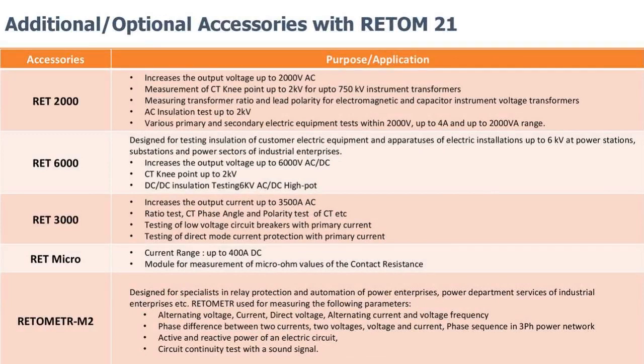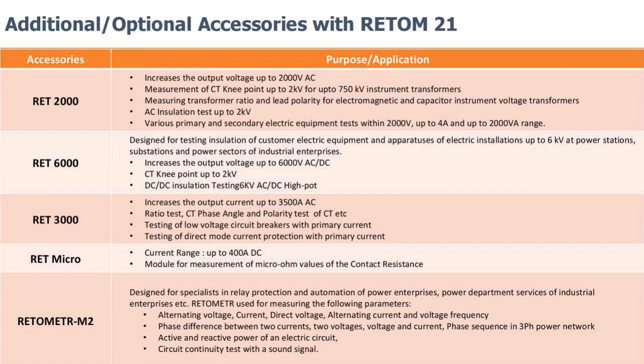So I will summarize the same. What are the optional accessories that we will require with the ATOM 20 and ATOM 21, and what are their purposes and applications? RED 2000 is used to increase the voltage up to 2000 volt AC, measure the knee point up to 2 kV, measure transformation ratio and polarity of the current transformer, and do AC insulation tests up to 2 kV.